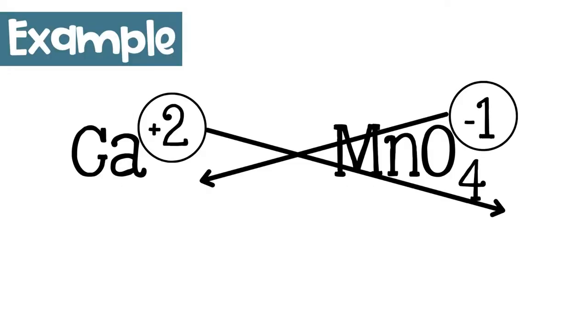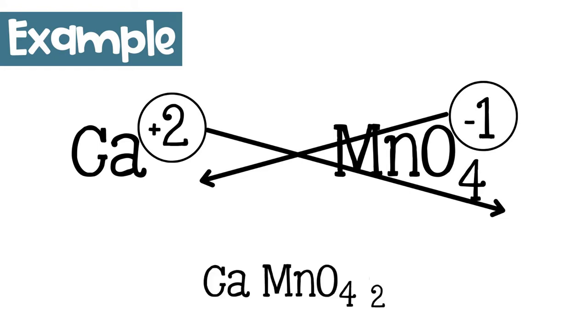Let's try an example. Here we have calcium plus 2, and we have the permanganate anion, MnO4 minus 1. In this case, we're going to cross the charge for the 2 and the 1, and we get CaMnO4 2. Now, if we just leave it as it is, it's going to look like we have 42 oxygens and only one manganese.